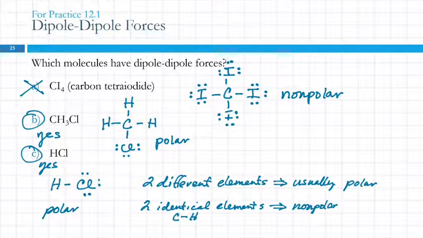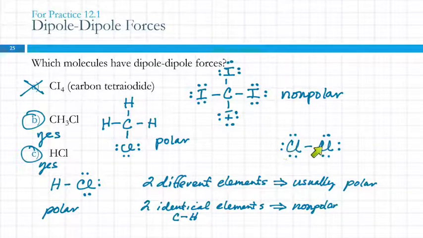So if we looked at chlorine, Cl2, these atoms are the same. And so there's no difference in how attractive they are to the electrons. And so this is going to be a nonpolar bond. The molecule will be nonpolar. Something like this, where we have 2 different elements, most of the time that's going to be a polar molecule. Any questions?